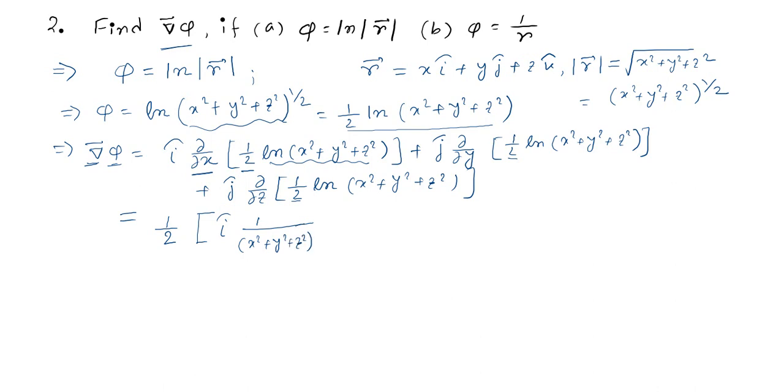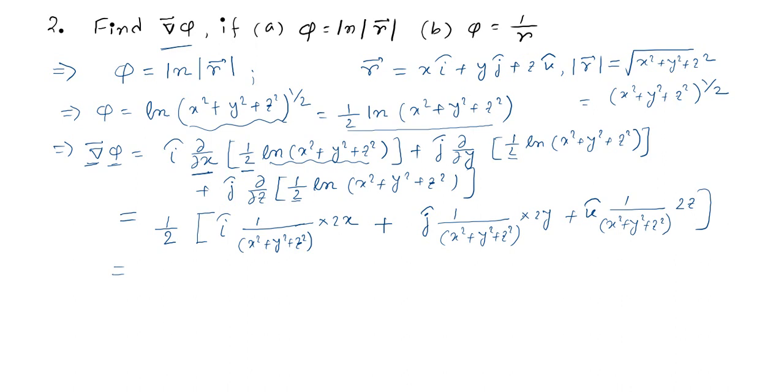Then according to the chain rule, del del x of x square gives you 2x. Plus similarly j cap, again we will get 1 by x square plus y square plus z square into 2y, plus k cap, 1 by x square plus y square plus z square into 2z, right?